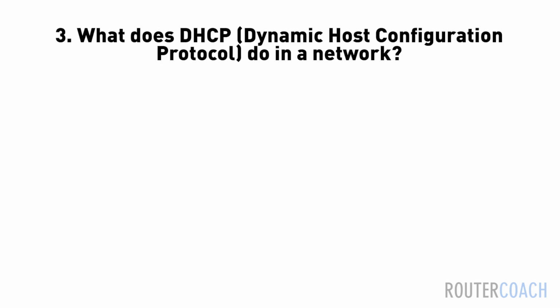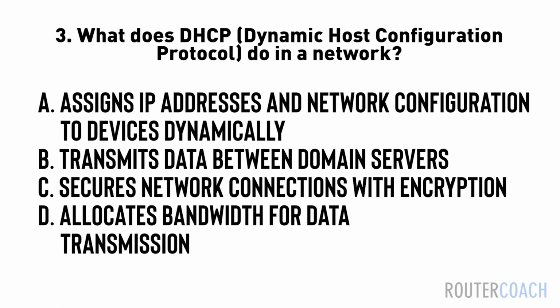Question 3. What does DHCP, Dynamic Host Configuration Protocol, do in a network? A. Assigns IP addresses and network configuration to devices dynamically. B. Transmits data between domain servers. C. Secures network connections with encryption. D. Allocates bandwidth for data transmission.